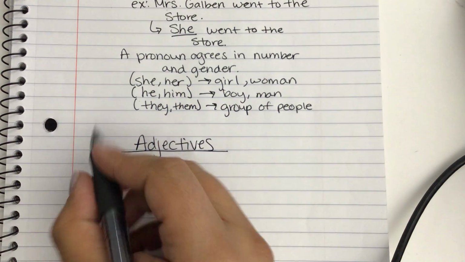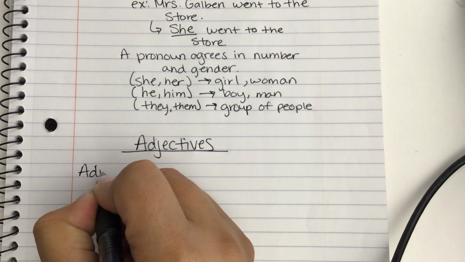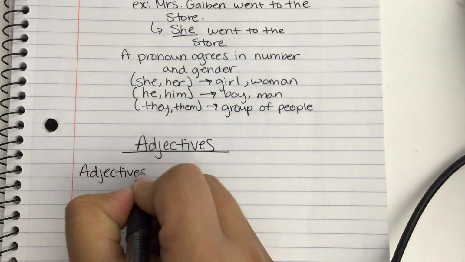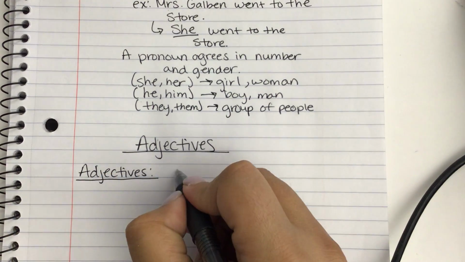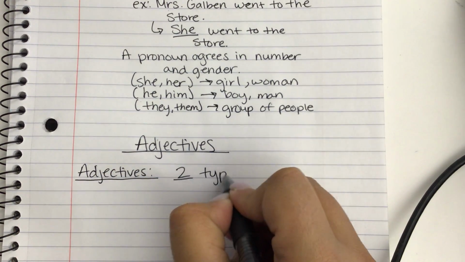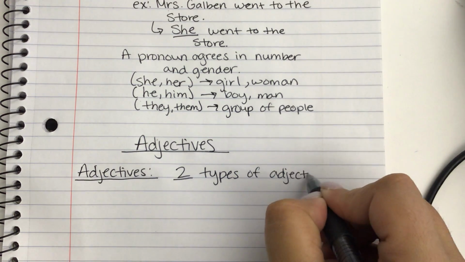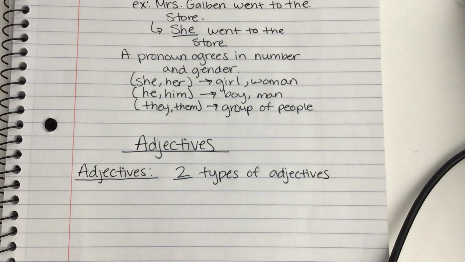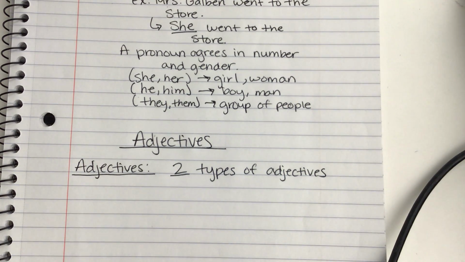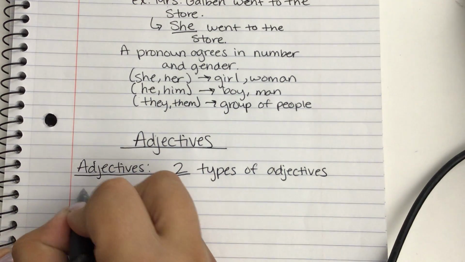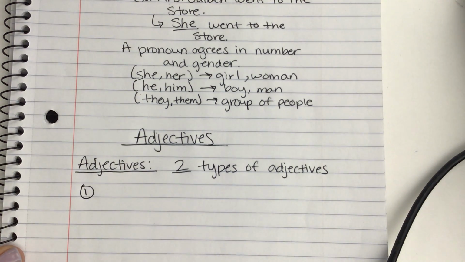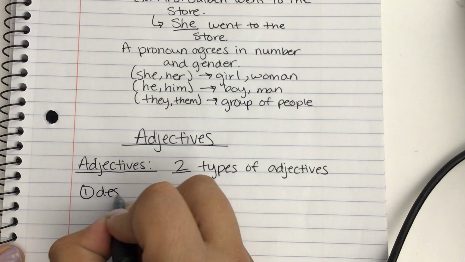All right, adjectives. So we know they're descriptive words, okay? But there are two types of adjectives. Okay, we're going to talk about both, and then you'll have some practice with both. Okay. The first kind is a descriptive adjective.